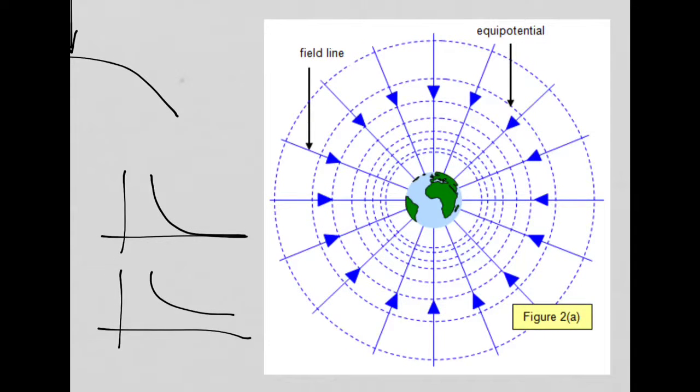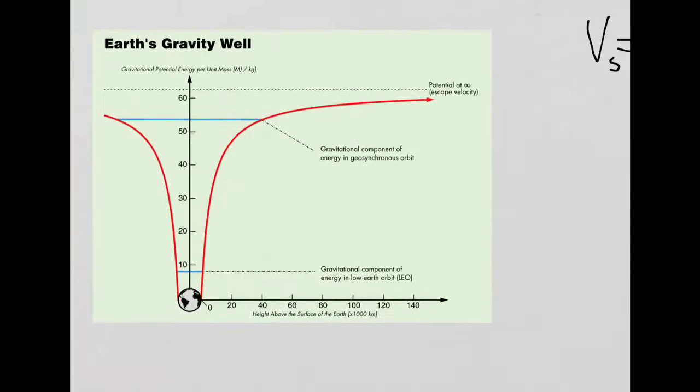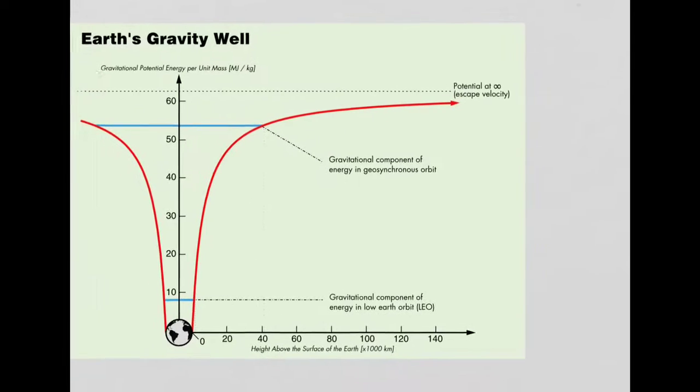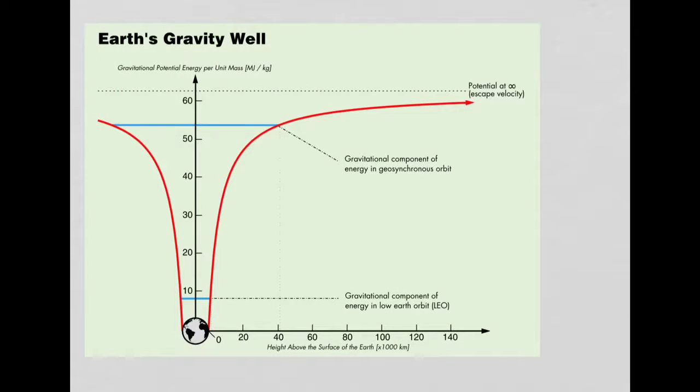So another way to look at this is a two-dimensional version of an image, but it's also possible to consider it three-dimensionally. If we think about looking at this from the side on, we can actually think about something called a gravity well. If this makes it more complicated for you to understand, feel free to ignore it.